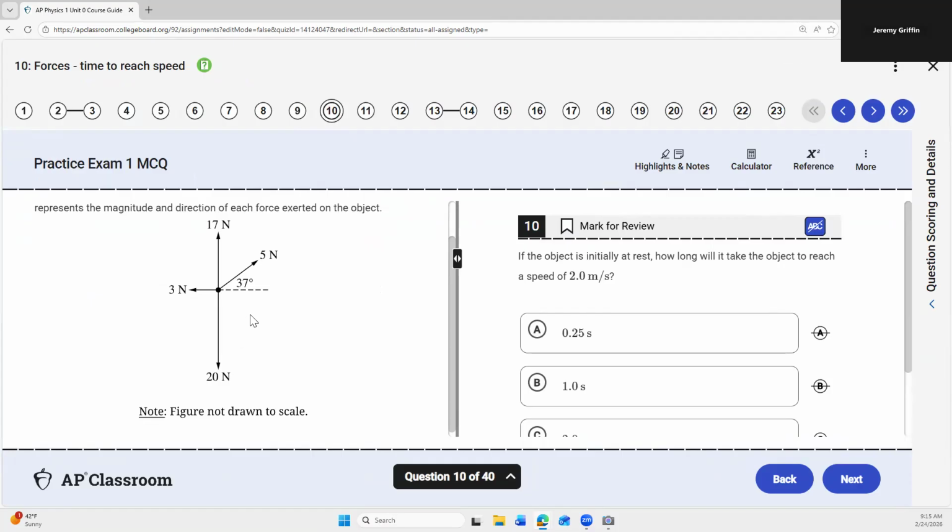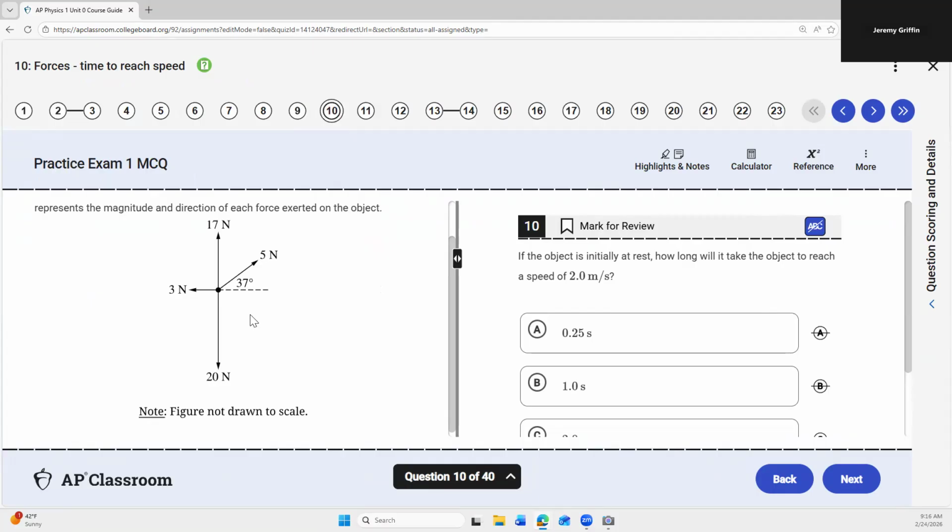And so I'm going to draw that picture before I flip my screen, and you guys can draw that in your notes also. We're all drawing that picture. Right, so I've got the mass right in the middle. Got 17 newtons up. Got 20 newtons down.